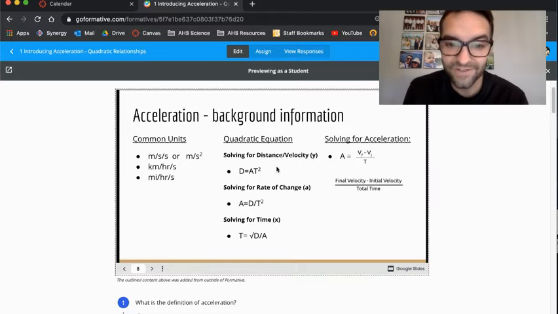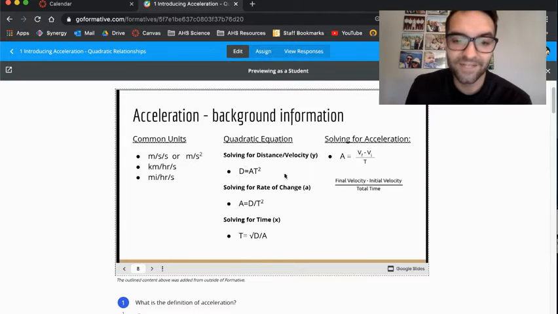So solving for distance, and so distance equals acceleration times time squared. Solving for the rate of change would be a equals, that's going to be your acceleration, equals distance divided by time squared. And solving for time is time equals the square root of distance divided by acceleration.